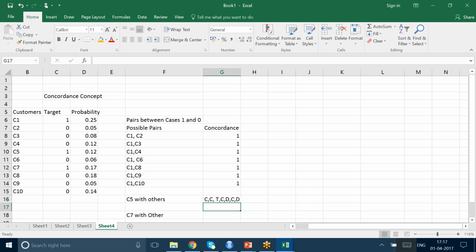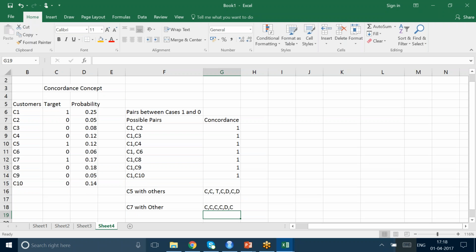Okay. Likewise, I have to see C7 with respect to others. C7 with respect to C2. Concordance, concordant, concordant. No, yes, no. C7, that is also concordant. Then discordant, then concordant.